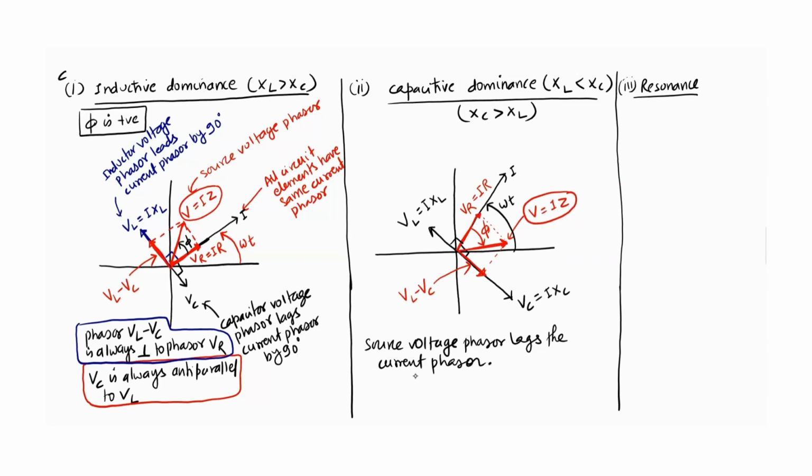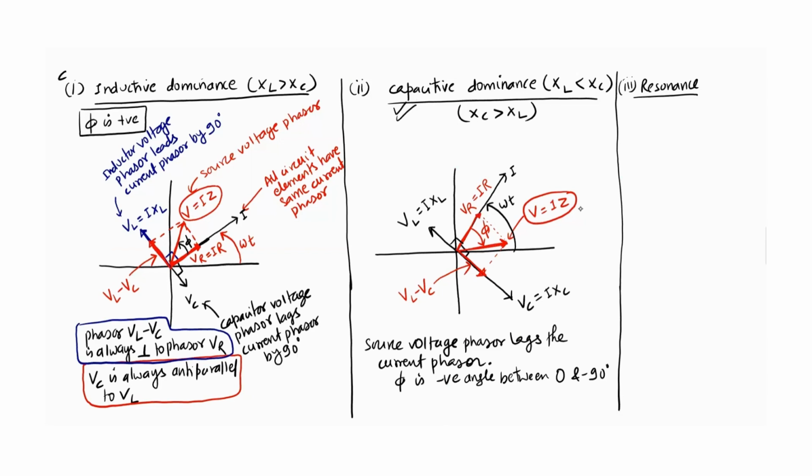And we find phi is a negative angle between 0 and minus 90 degrees. So this is to be noted for capacitive dominance.